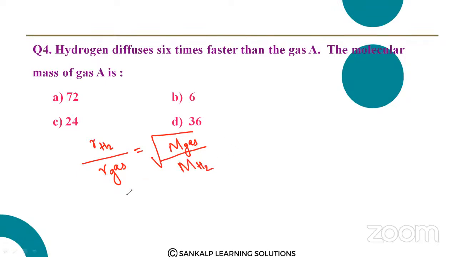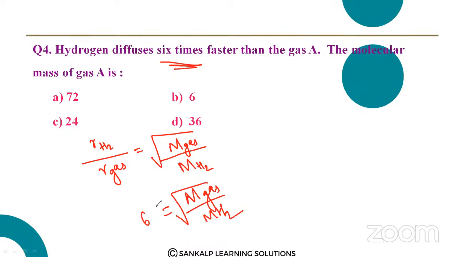What is given? It is 6 times faster than gas A, so take it as 6. So R of H2 by R of gas is 6, equal to the square root of M gas by M H2.